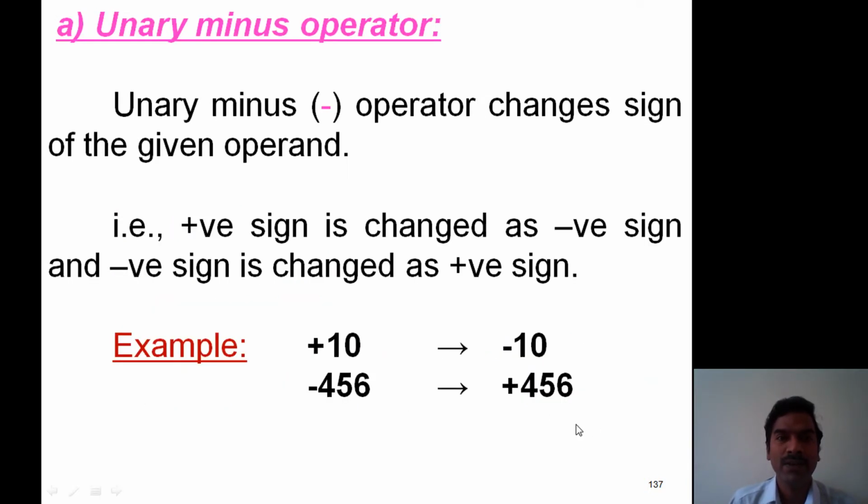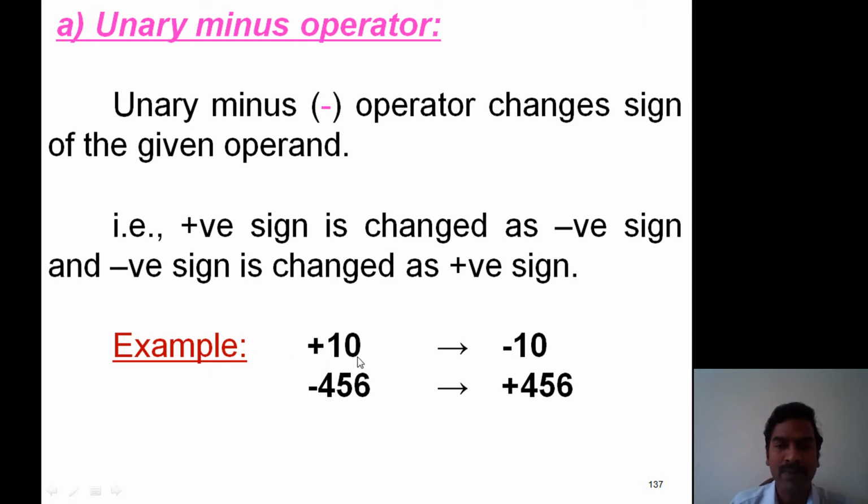First one, unary minus operator. Unary minus operator changes the sign of the given operand. That means the sign is changed with the help of the minus operator. A positive sign is changed to negative and a negative sign is changed to positive.